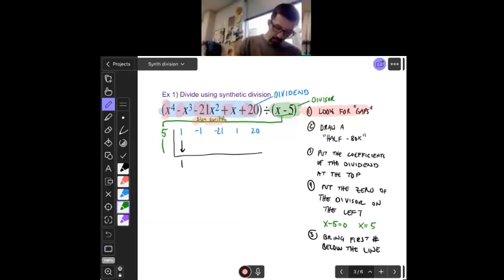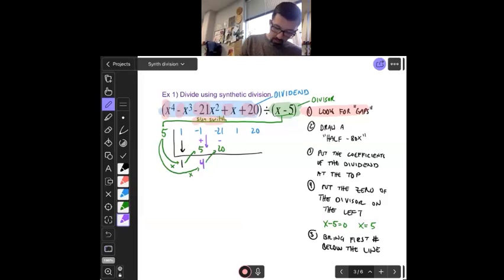So we're going to take that 5, and multiply it to the 1, and that goes up and to the right. 5 times 1 is 5, and then we add straight down. -1 plus 5 is 4. We keep doing that until we're out of numbers. So I go back to the 5. Times the 4. 5 times 4 is 20.